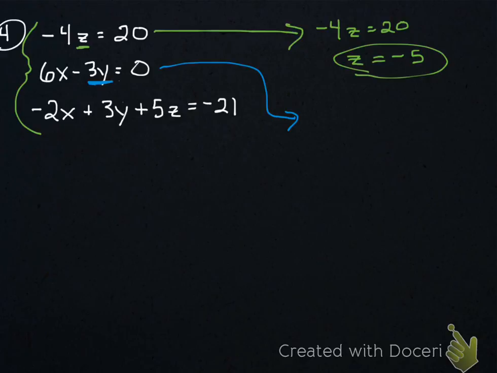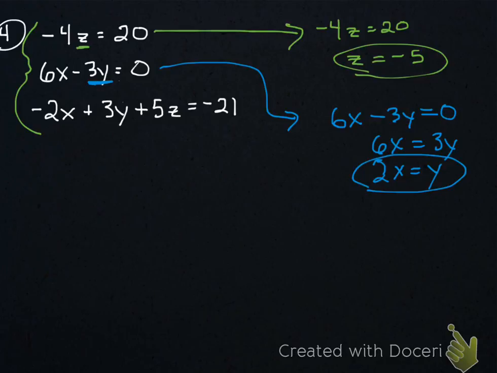So that would mean I'd have, let me write it down first, 6x minus 3y equals 0. I'm going to move that y to the other side so it's positive. And then if I divide by 3, I get 2x equals y. Well, that gives me a relationship that I can now use to solve.